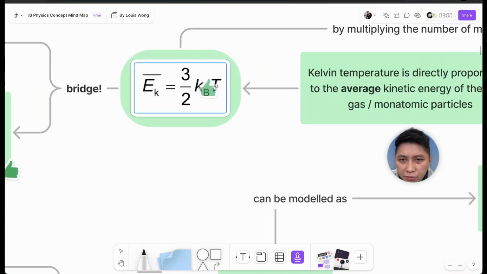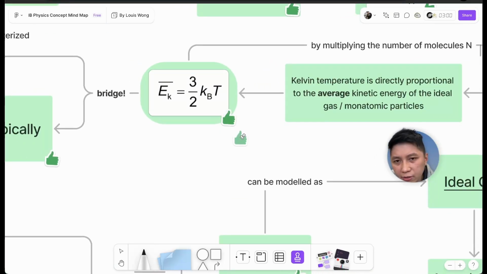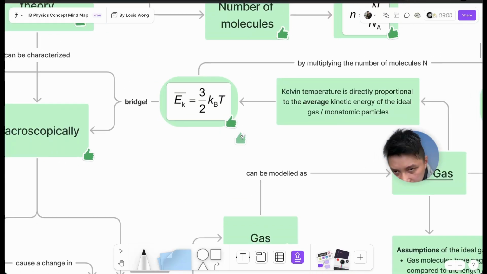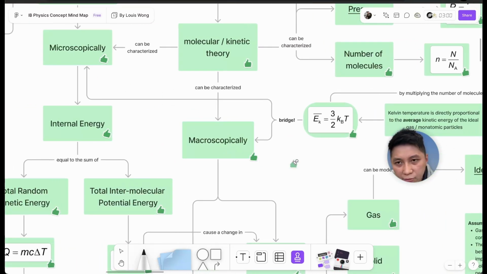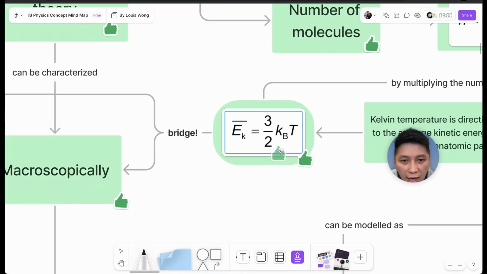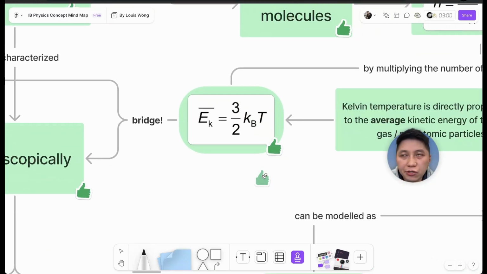So now come back to here. This is a very important equation because it bridges, as you can see here, the microscopic and macroscopic world. On the left-hand side is the average random kinetic energy, which describes the microscopic view. On the right-hand side is merely some constant, 3/2 k_B, times the temperature, which is a macroscopic idea.